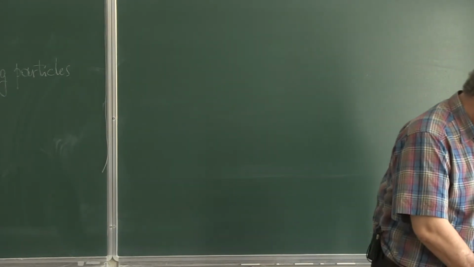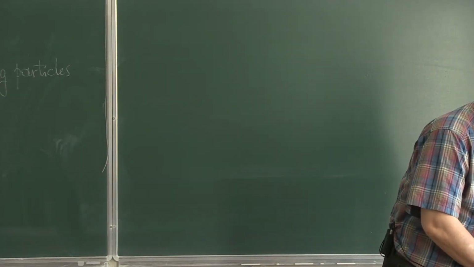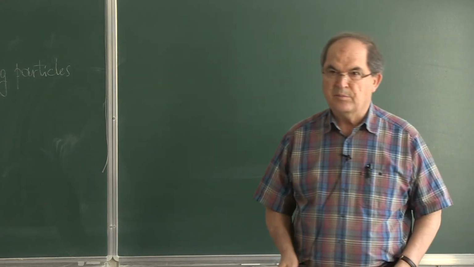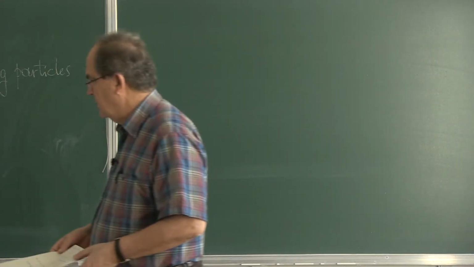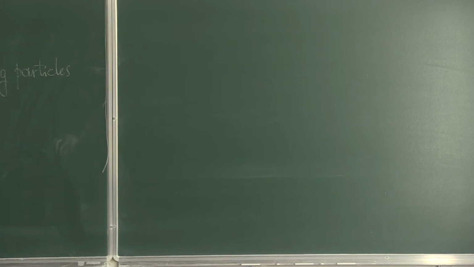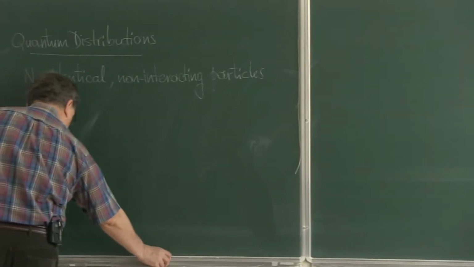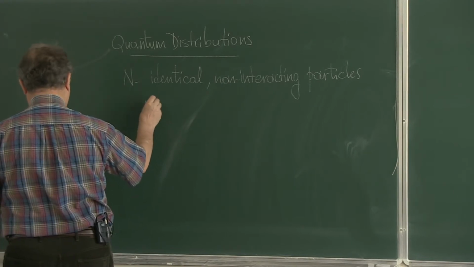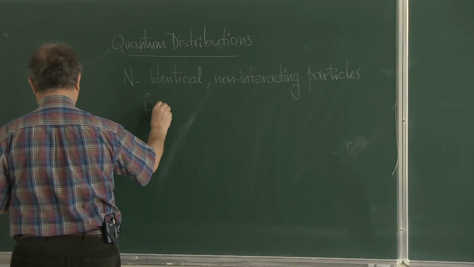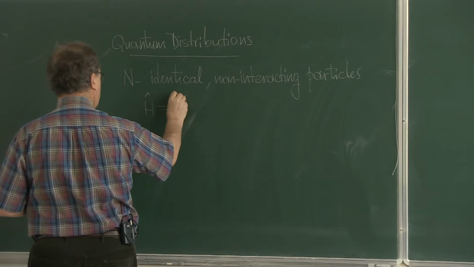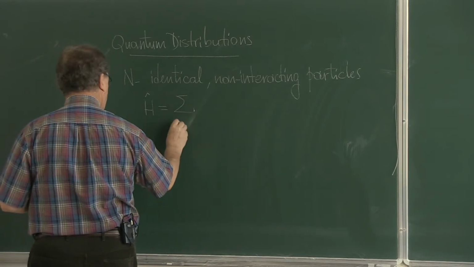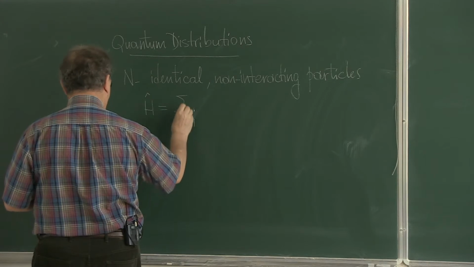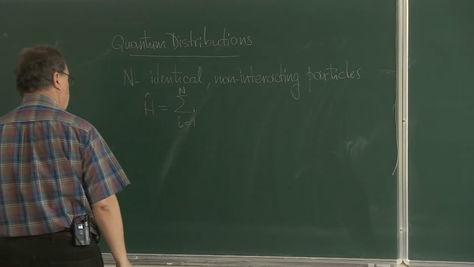Now, if we consider n identical and non-interacting particles, an ideal system, we can write the Hamiltonian of the system as follows, in terms of a sum of individual Hamiltonians for the n particle system.